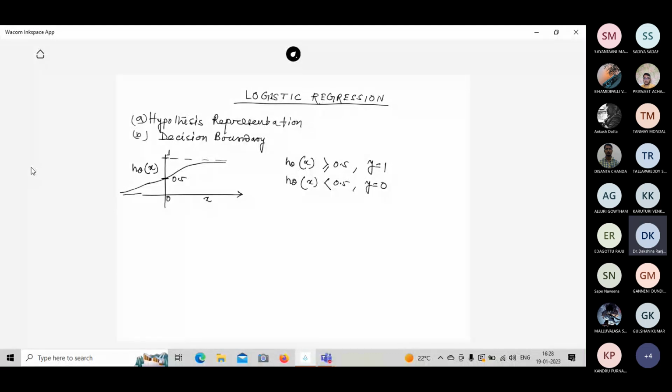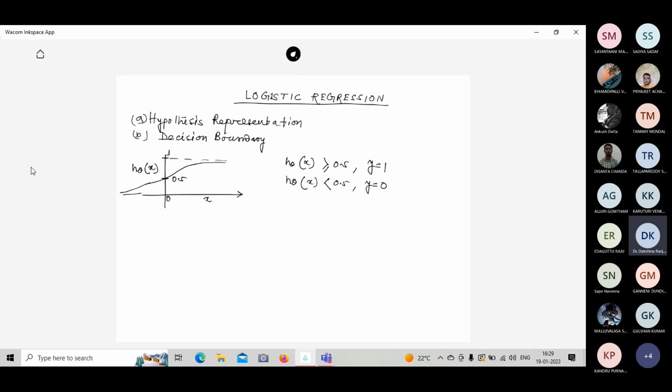And then we have talked about decision boundary, how to define a decision boundary for a particular binary classification problem. So for that, we have seen a linear hypothesis representation. Then we have seen nonlinear hypothesis representation. And we have defined the decision boundary with the manually defined model parameters.